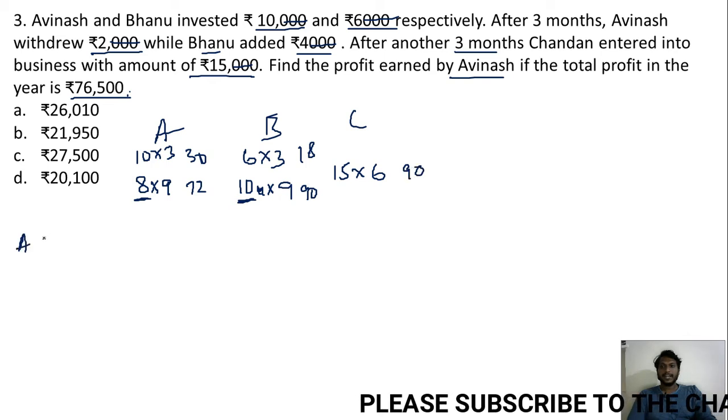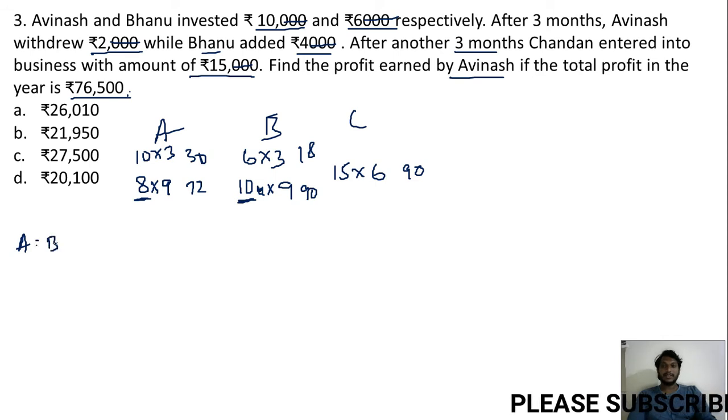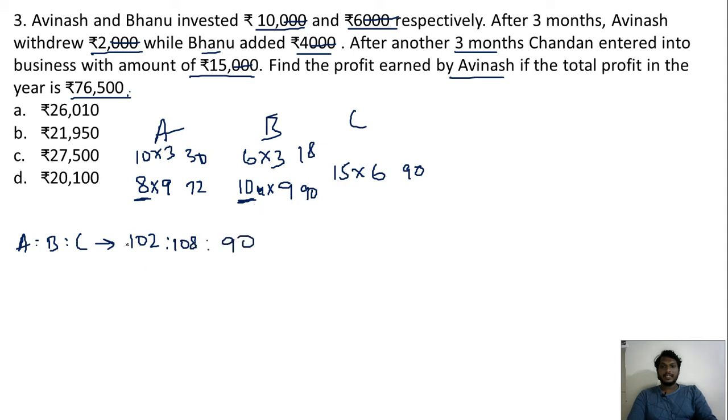Now we can find the individual investment ratio of Avinash, Banu and Chandan. This is 102, that is 30 plus 72, and 108, that is 18 plus 90, is to 90. See, you can see that all these three are multiples of 6. So this is 17 is to 18 is to 15.